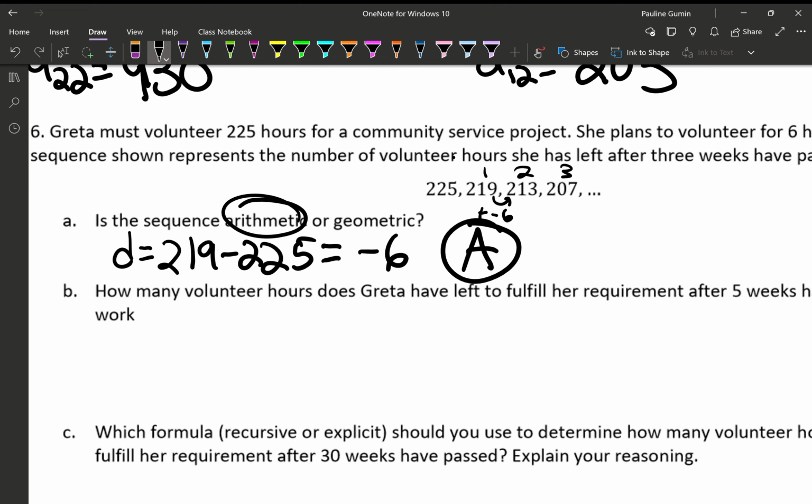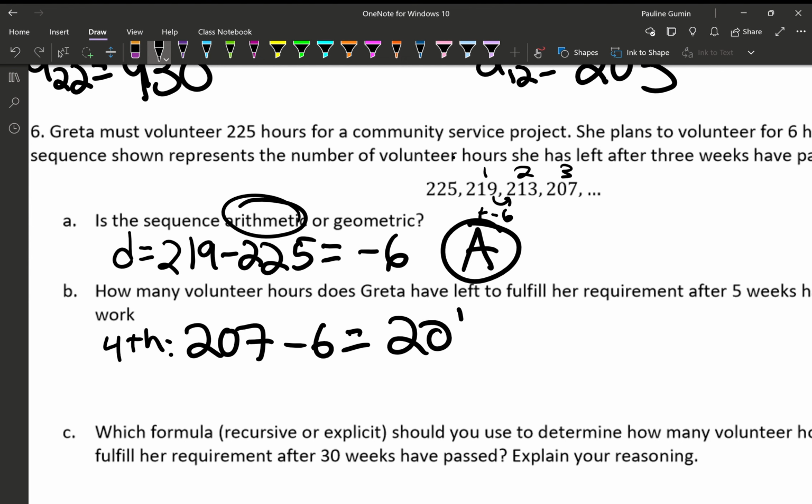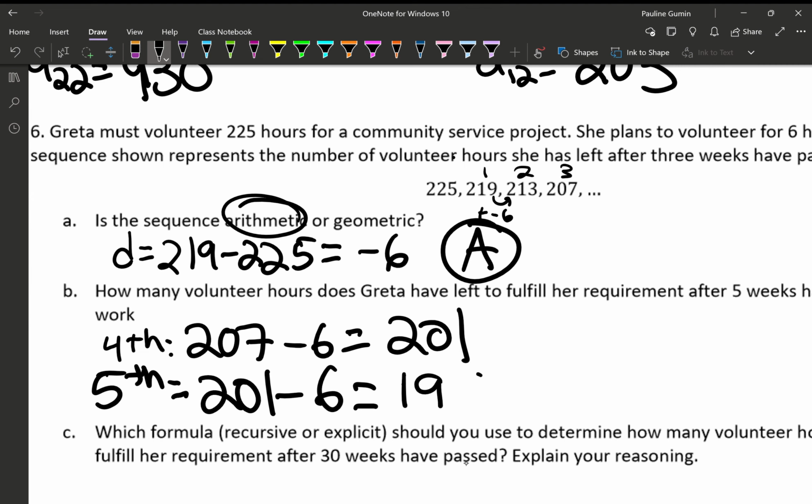So we actually need to subtract twice more. To get the 4th week, we do 207 minus 6. And to get the 5th week, we do 201 minus 6. And 201 minus 6 is 195.